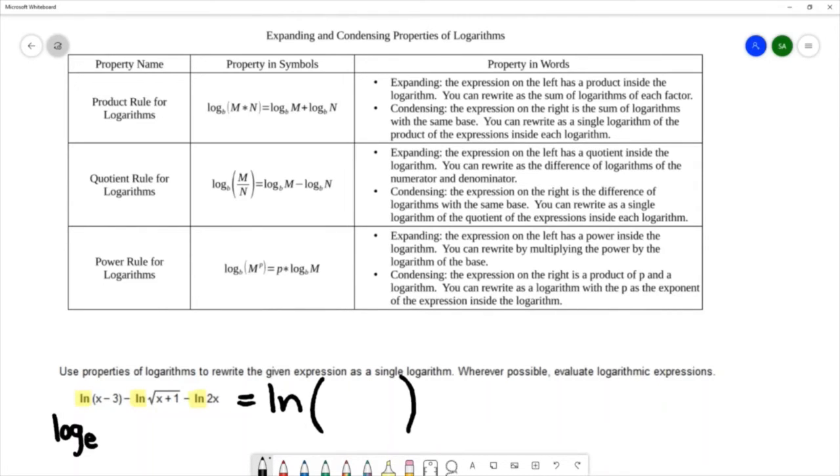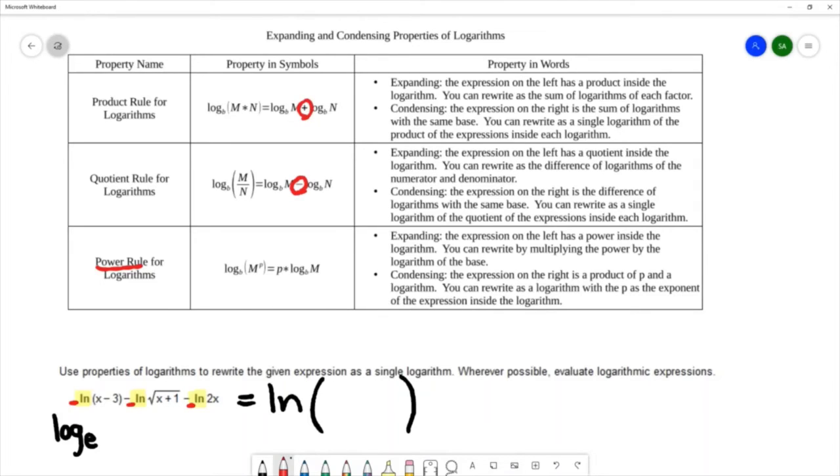And what I'm looking for, starting off, is to see if there are any coefficients. We notice that there are not any coefficients. If there were coefficients, you would need to use the power rule first. But since we don't have any coefficients, we'll move on to looking for either minuses or pluses.